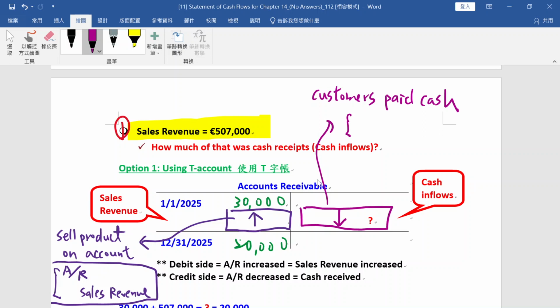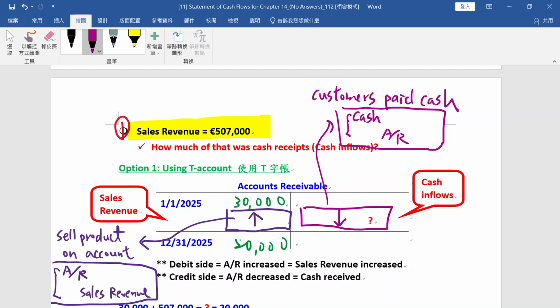What's a credit? Debit, cash. Credit, accounts receivable. Okay. So accounts receivable increase, accounts receivable decrease. Could you tell me which number you know?